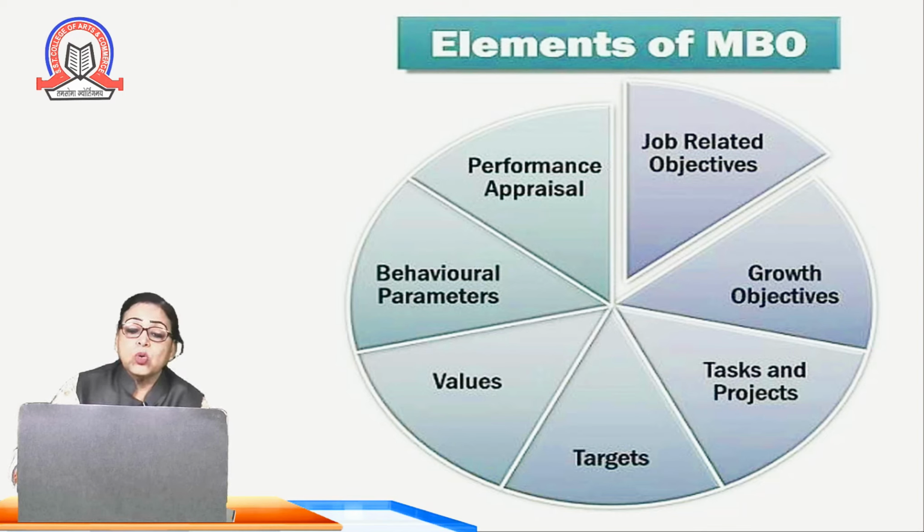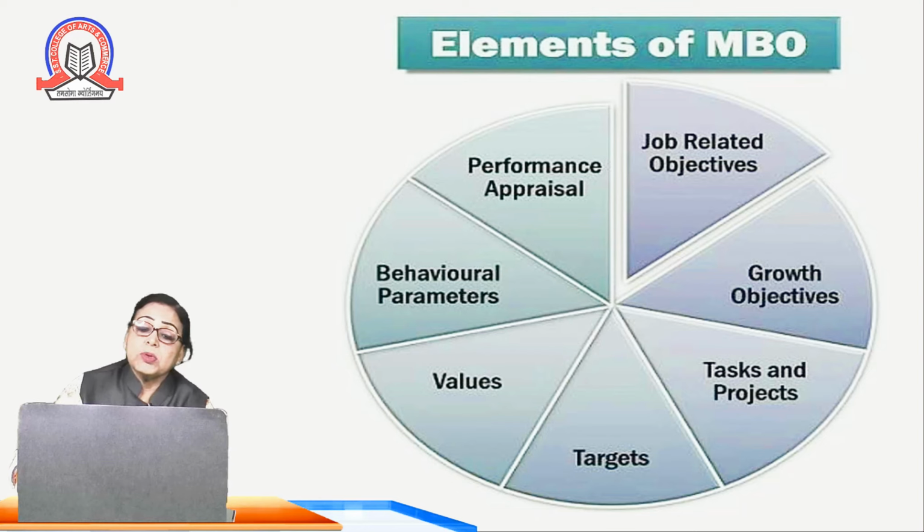If they go correct, they will continue the MBO process with some other decision. If they get stuck at some point, they may revise the process. So, MBO is a process in which superiors and subordinates meet and collectively share responsibilities and objectives or parts of objectives. Let us see what the elements are.